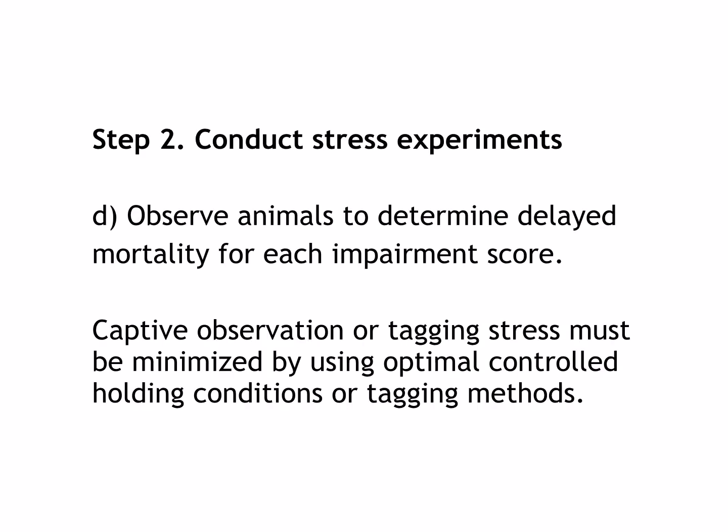Step 2, D. Observe animals to determine delayed mortality for each impairment score. Captive observation or tagging stress must be minimized by using optimal controlled holding conditions or tagging methods.